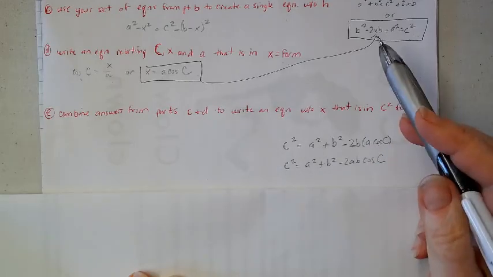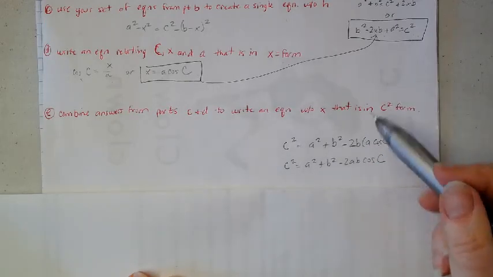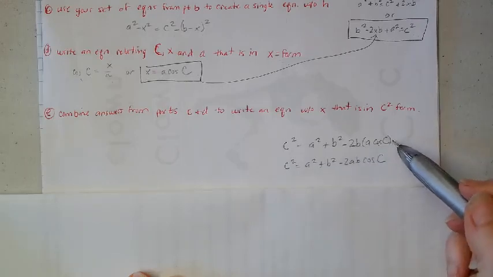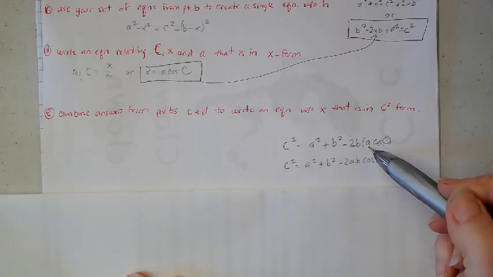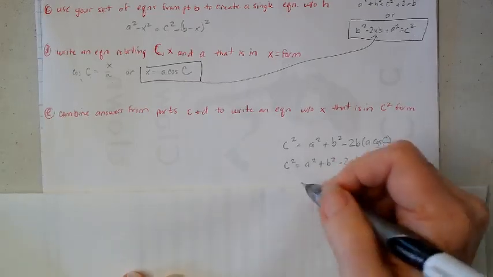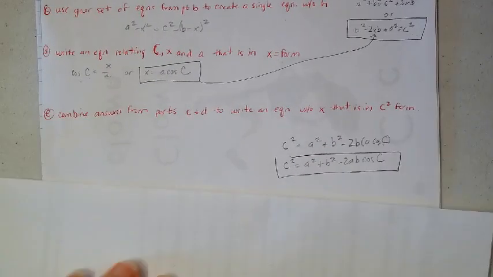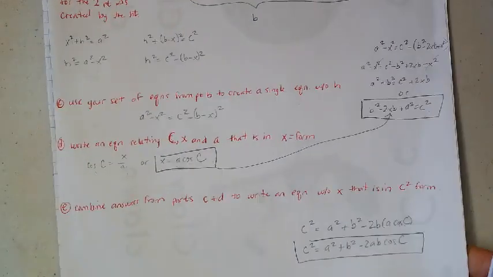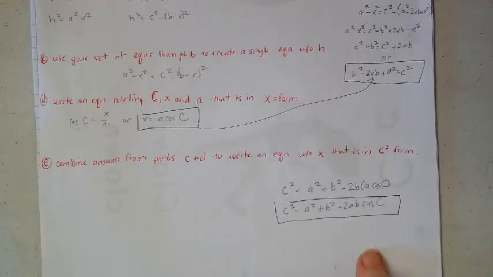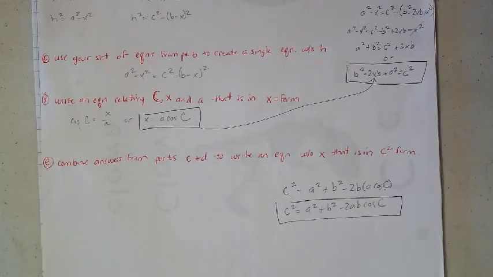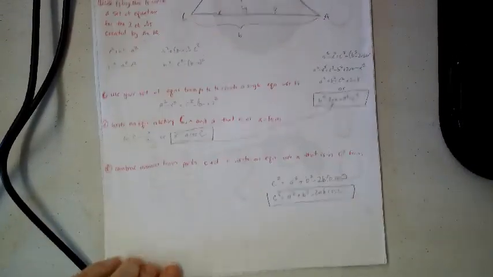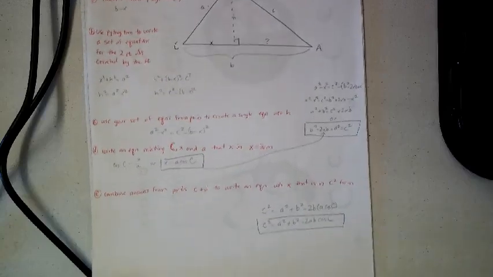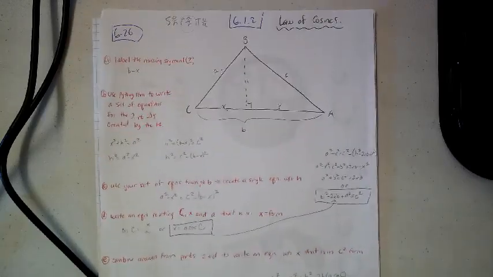Well, I just let the X and B switch places. So -2 times B times, this is X. Plugged it in here, and then when I saw B times A, I wanted to change it to A times B. The reason I wanted to change the order on that is because that's actually the law of cosines. That's the way it shows up in your math notes box. So all of this is just the proof of the law of cosines. Okay, and I think that's it for 6.1.2.